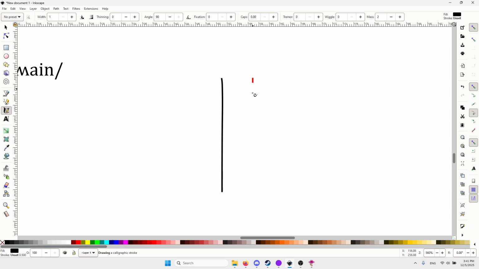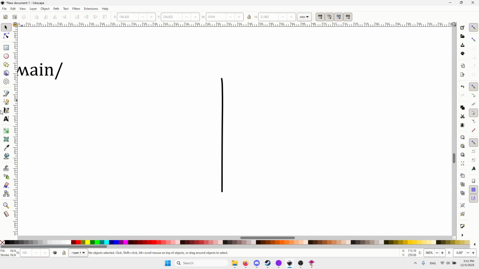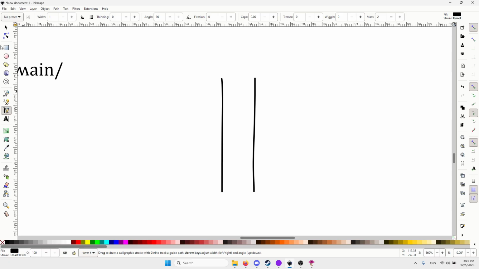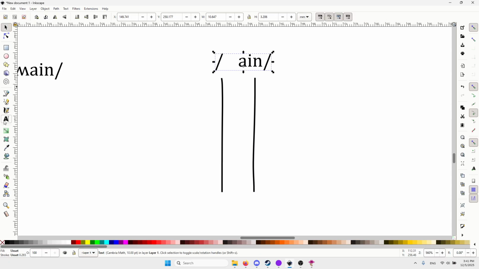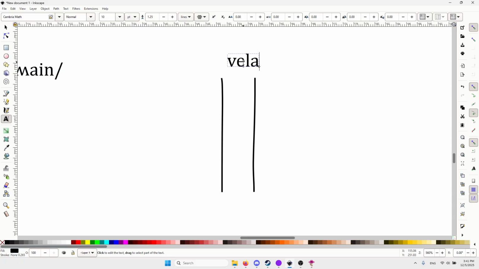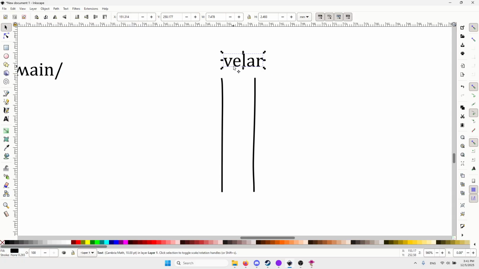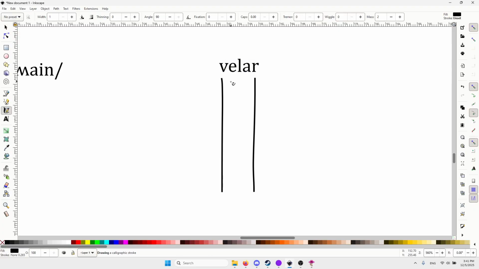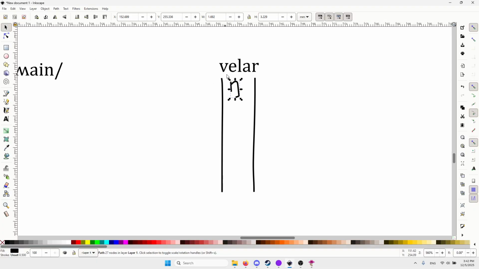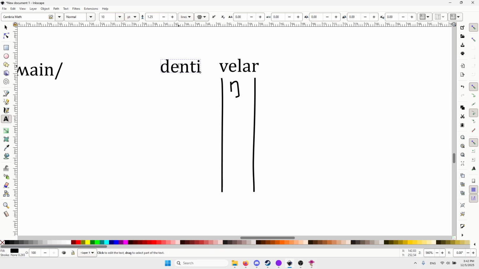And I'm not going to do this the most professionally. I'm just drawing it here. You'll see there's a Velar column, and at the top, the order doesn't actually matter, but let's say we have a nga, and next to it, alveolar.